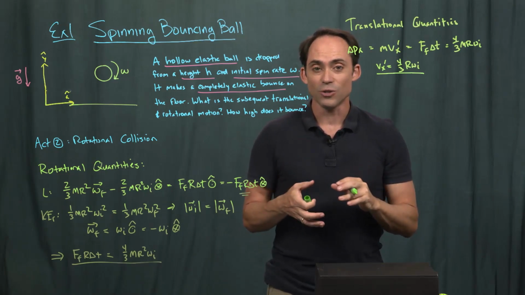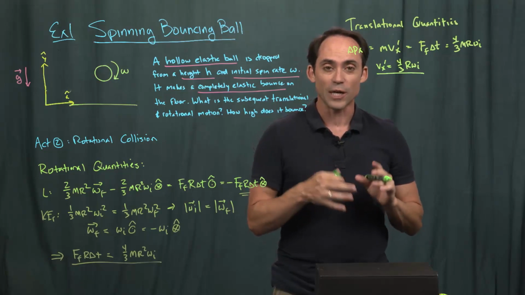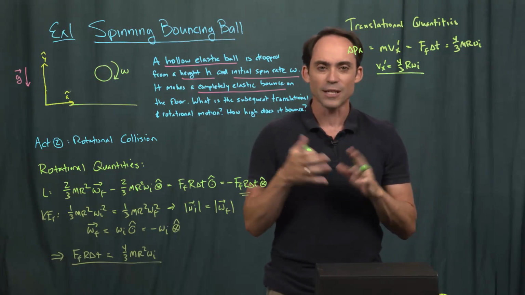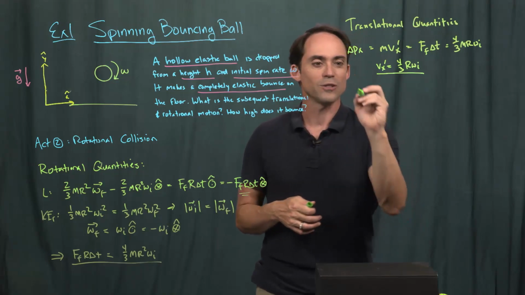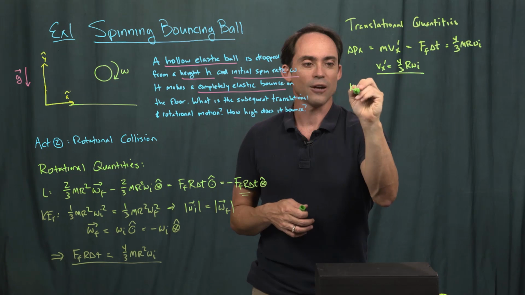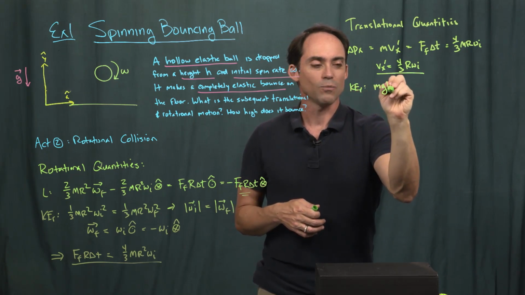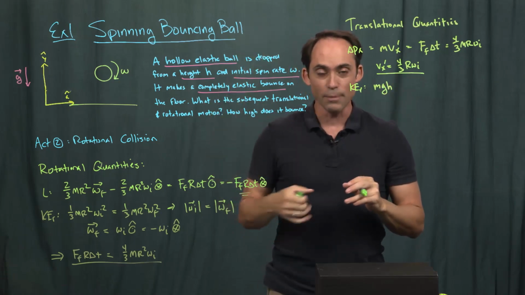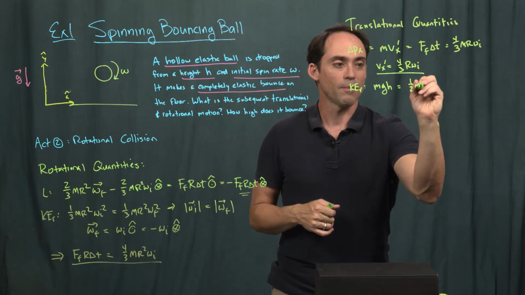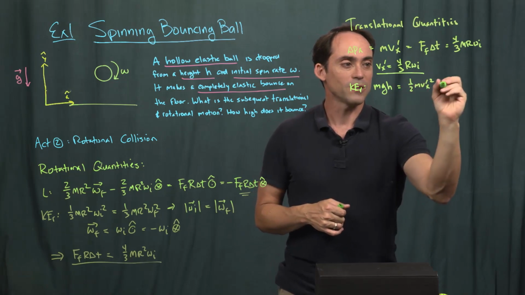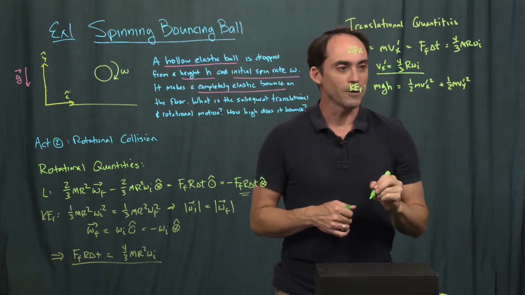Now I can either turn to the change in the y momentum, or I can look at my conservation of translational kinetic energy. And let's look at the latter, because anytime you have a conservation law, that's really going to provide a lot more insight and easier equations to solve. So the kinetic energy, what we found was that the initial kinetic energy, which came entirely from the drop from a height h, was equal to 1/2 mass times the final x speed squared plus 1/2 times the mass times the final y speed squared.